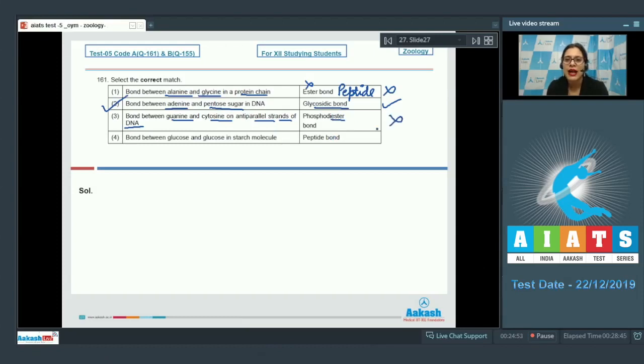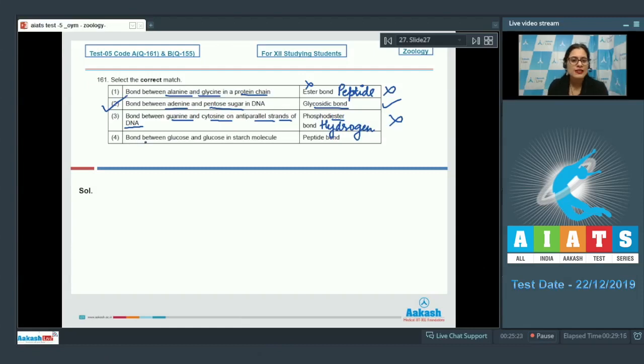As it is an incorrect match, this cannot be a correct answer, because guanine and cytosine on anti-parallel strands of DNA are bound together with the help of hydrogen bonds. Three hydrogen bonds between guanine and cytosine and two hydrogen bonds between adenine and thymine.